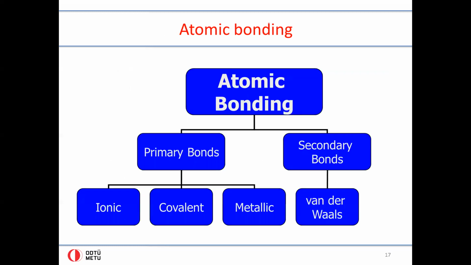So atomic bonding, again, is primary or secondary. The examples of primary bonding have been discussed. One common example of secondary bonding is the van der Waals bond. The van der Waals bond exists in essentially every material.